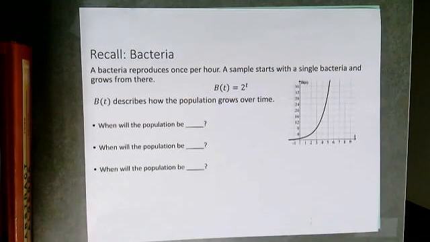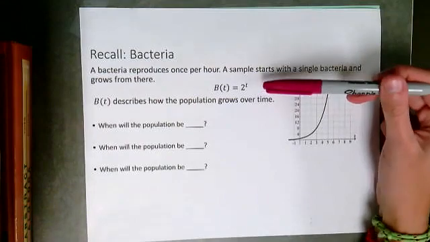All right, before we get started on the next lecture, we're going to recall a few things. Consider this example real quick. A bacteria reproduces once per hour. A sample starts with a single bacteria and grows from there. So we have this function b of t is equal to 2 to the t.